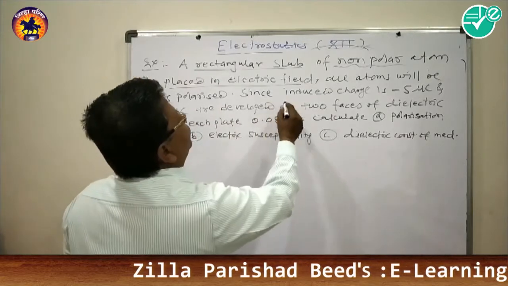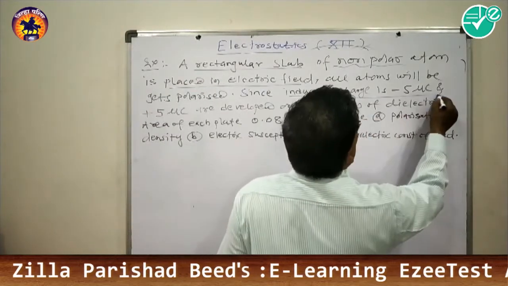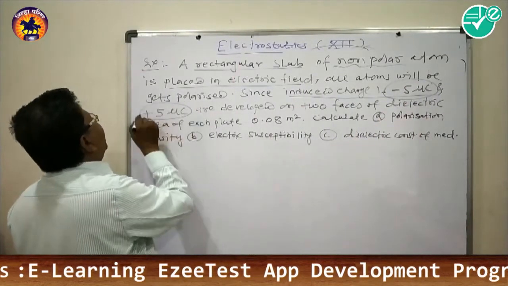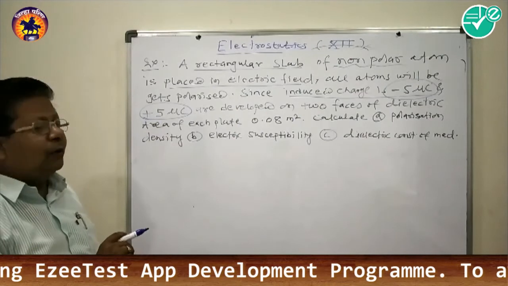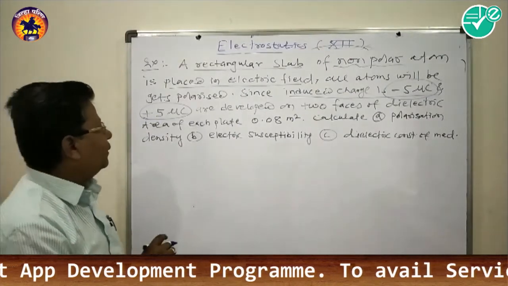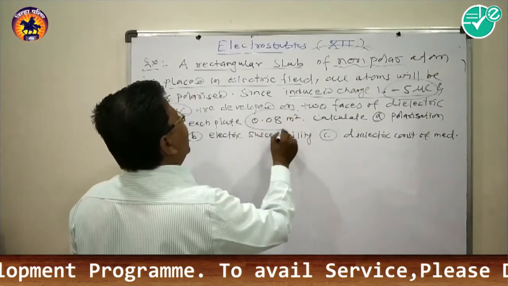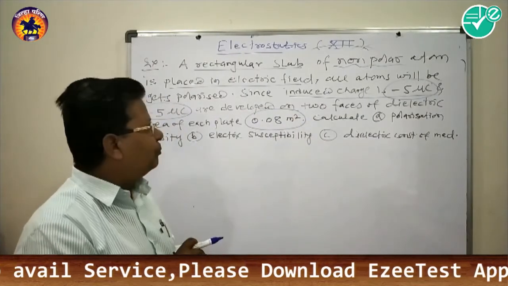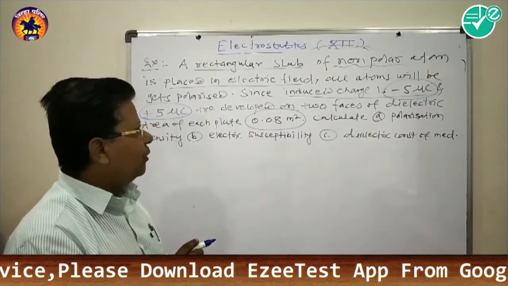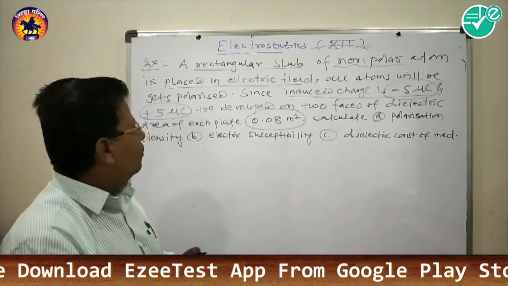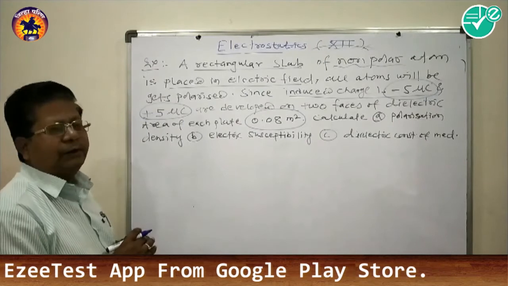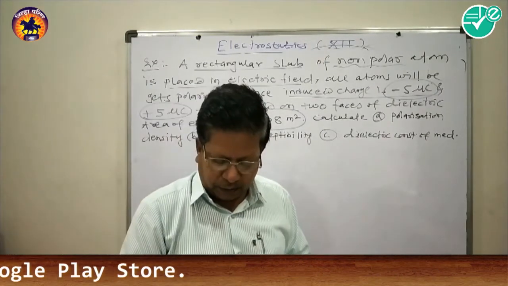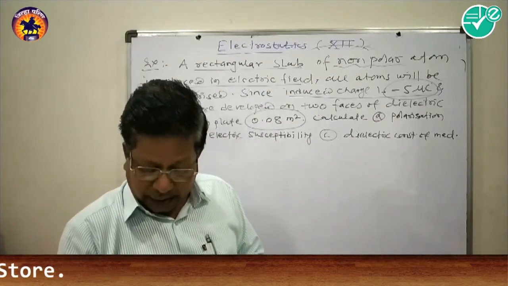Since induced charge is 5 microcoulomb and -5 microcoulomb are developed on two faces of the dielectric, and the area of the two plates between which the dielectric is placed is 0.08 meters square. We have to find polarization density, electrical susceptibility, and again dielectric constant.